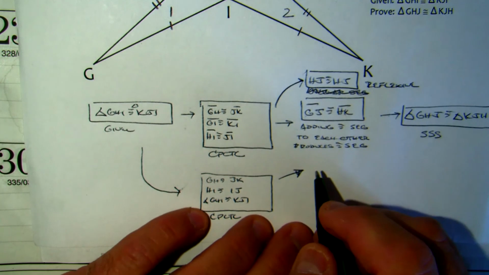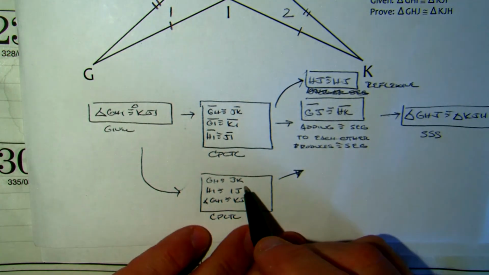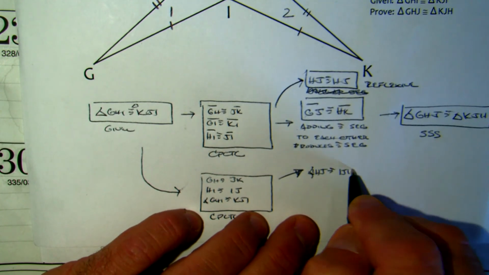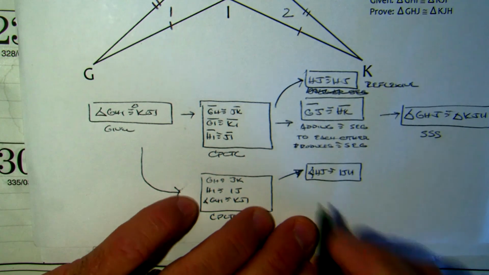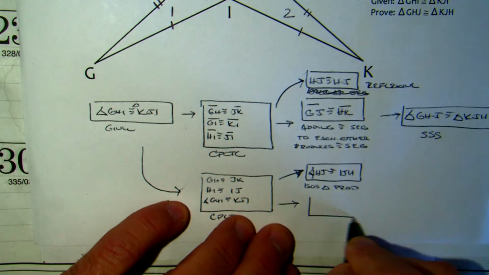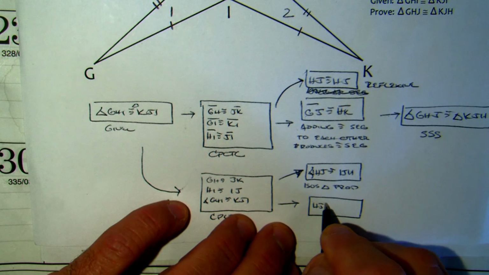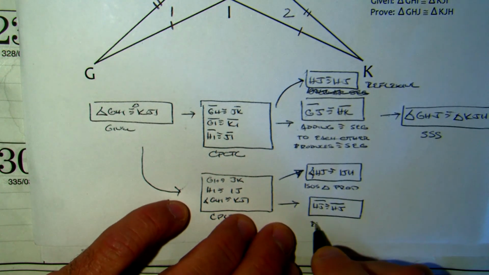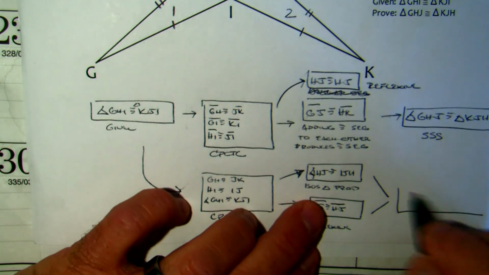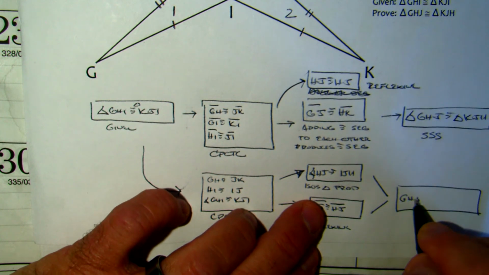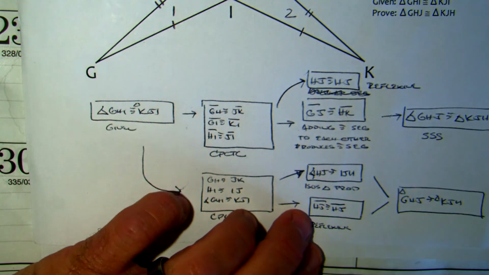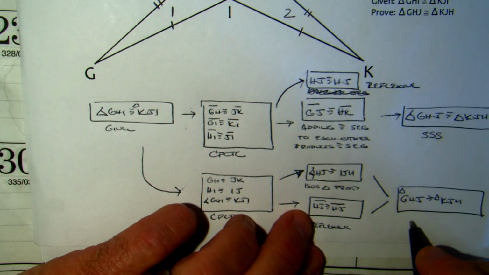First thing is that because HI is congruent to IJ, angle IHJ is congruent to angle IJH, by isosceles triangle property. And then I'm going to say that HJ is congruent to HJ by the reflexive property. And that, ladies and gentlemen, combined with everything tells me that GHJ is congruent to KJH, by angle-side-angle.